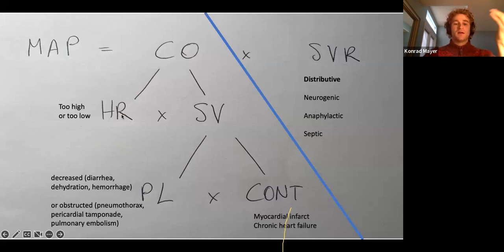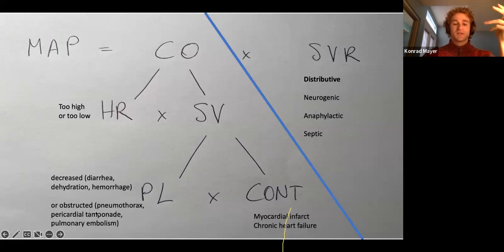So the heart rate, how can the heart rate not be ideal? It can either be too high or too low. Preload, what can happen to preload? The preload can either be decreased or it can be obstructed. What can cause decreased preload? We can have decreased preload if, for example, we are dehydrated, we have diarrhea, or we are hemorrhaging and just losing blood.